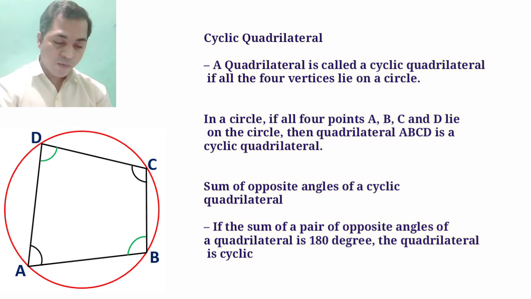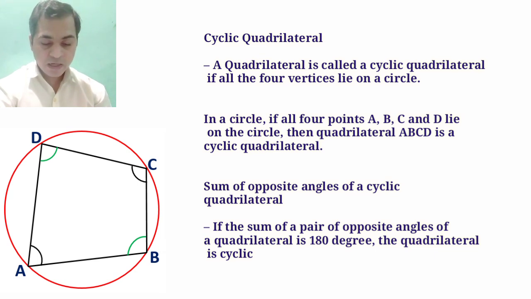If 4 points A, B, C, D lie on the circle, then the quadrilateral ABCD is called a cyclic quadrilateral. The sum of opposite angles of a cyclic quadrilateral is 180 degrees. Here the sum of angle A and angle C will be 180 degrees, and the sum of angle D and angle B will be 180 degrees.